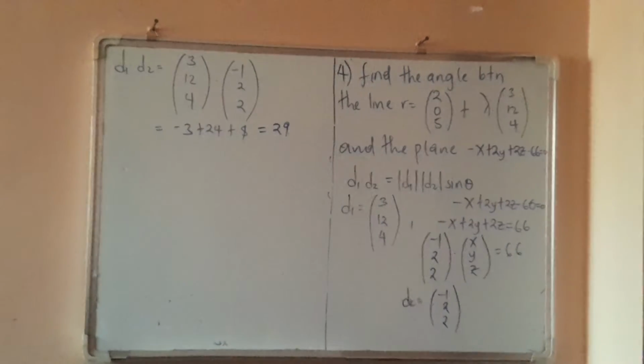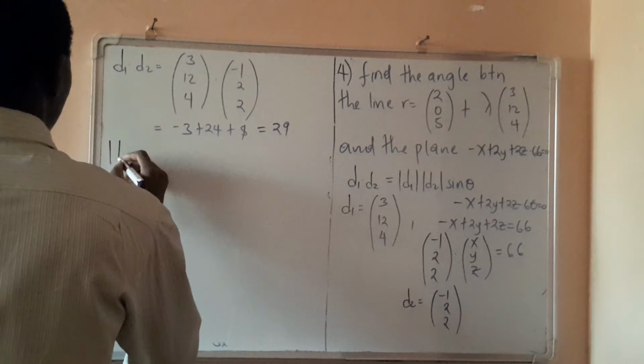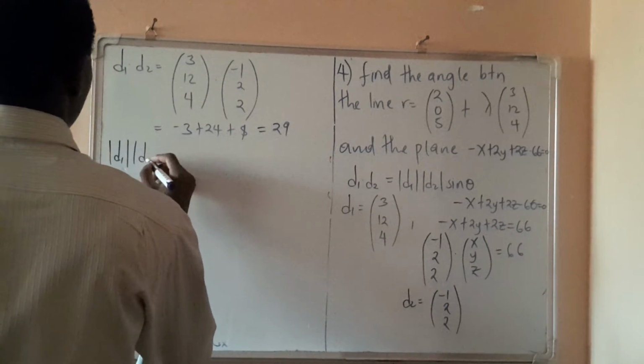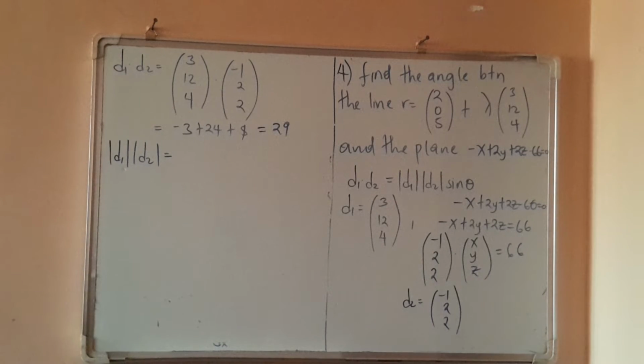Then we can also obtain the magnitude of D1 multiplied with the magnitude of D2.